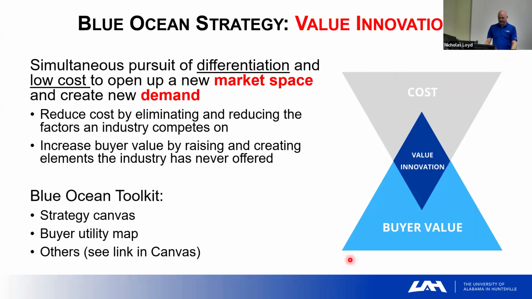But then also combine it with things that add value that haven't traditionally been there. And so the example that they always like to use is, and I never get the pronunciation right, Cirque du Soleil, the combination of the circus and the Broadway show. Cirque du Soleil, whatever it is. I'm Southern, I can't say anything.